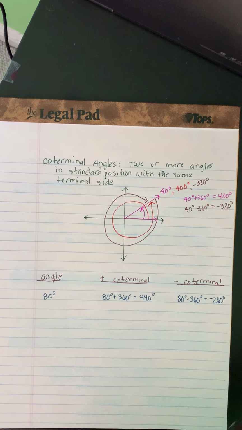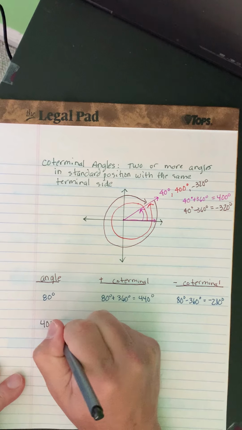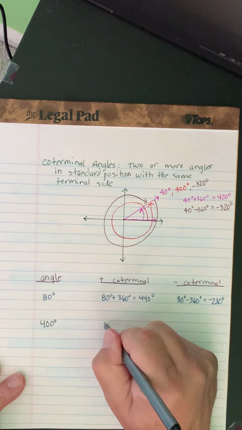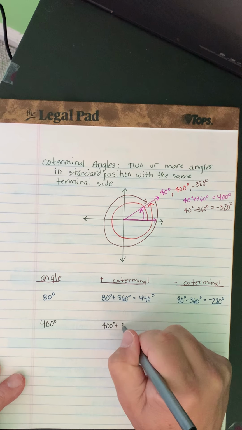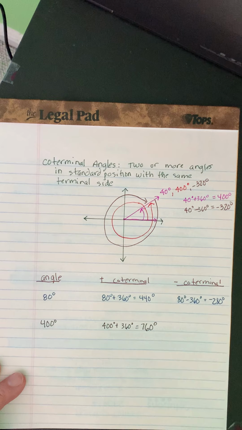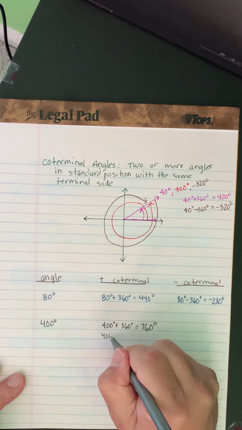I know what some of you are thinking, because I'd be thinking the same thing. Let's say I got a 400 degree angle though. Now 400 degree angle, I can add 360 if I want for the positive one. And I could get 760. But since I'm more than 400, see, subtracting 360 from that is not going to give me a negative.